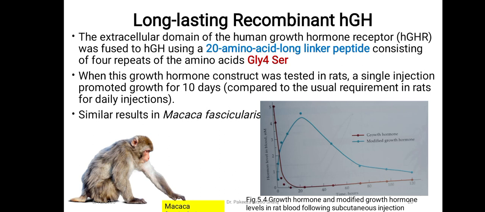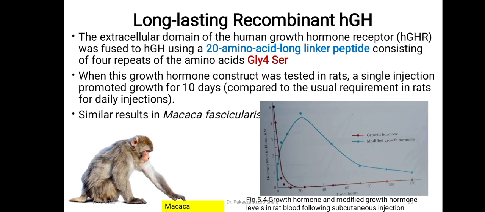So a 20 amino acid long linker peptide was used to fuse the human growth hormone, which was recombinant in nature, with a small portion of the receptor for that human growth hormone. And keep in mind, the human growth hormone receptor's extracellular domain portion was added there. So when this construct was tested in rat, a single injection resulted in promoted growth for 10 days.